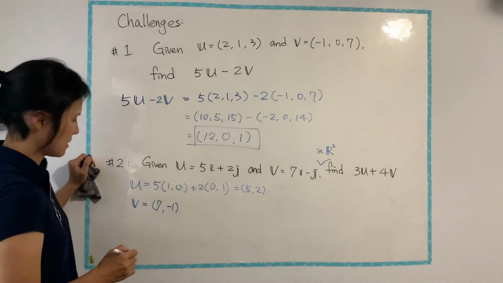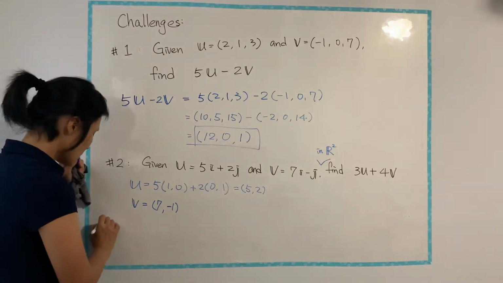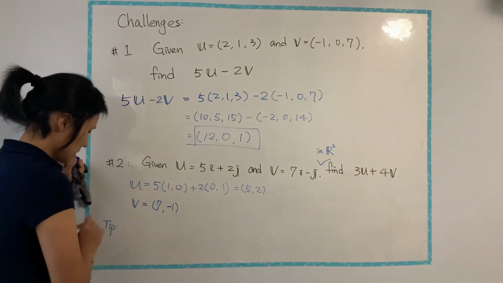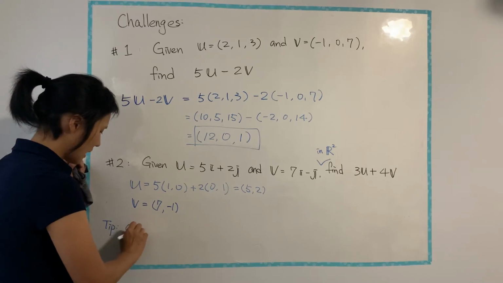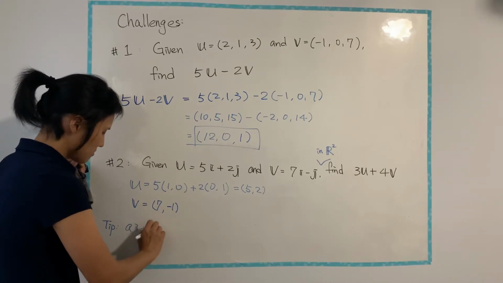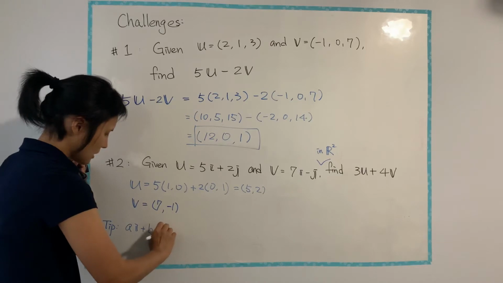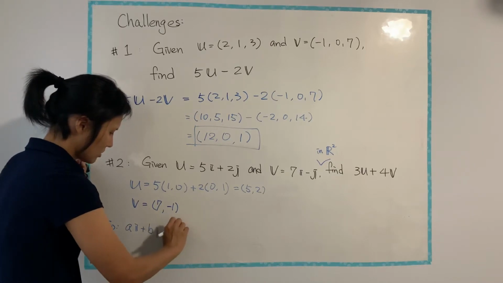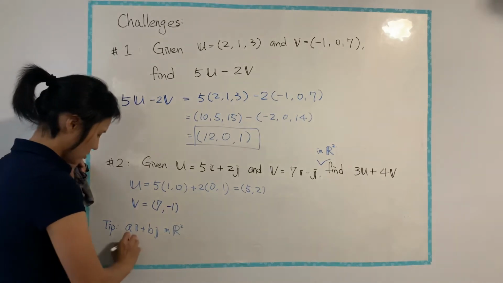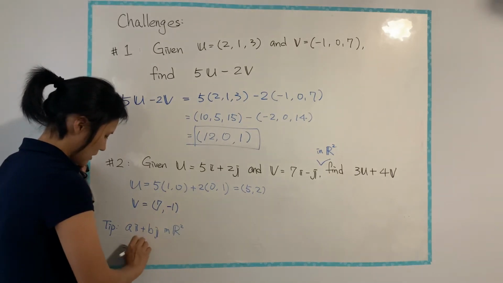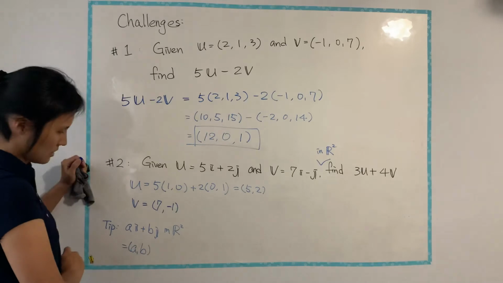So a quick tip: whenever I have ai plus bj in R2, if I want to write it out, it's always a, b.